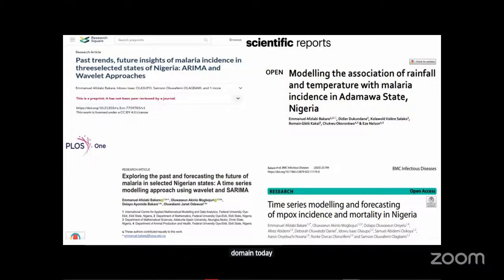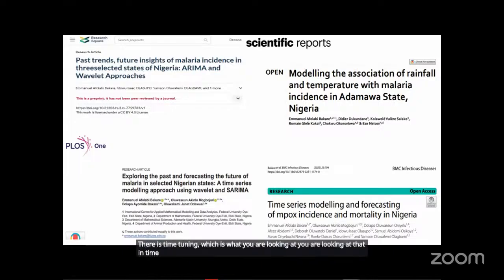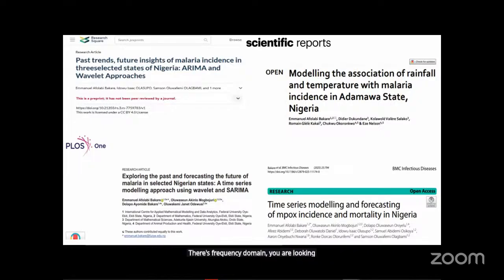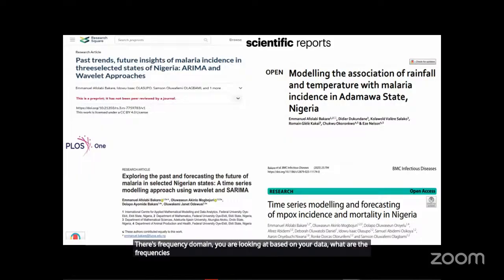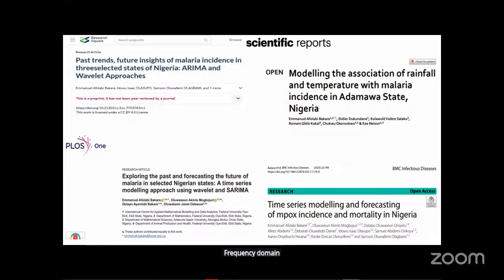I don't know much when it comes to spatial temporal. There is the time domain, which is what you are looking at in time. There is the frequency domain, where you are looking at, based on your data, what frequencies you can observe. Then there is the merge, the time and frequency domain. I don't know if Prof can help respond to that.